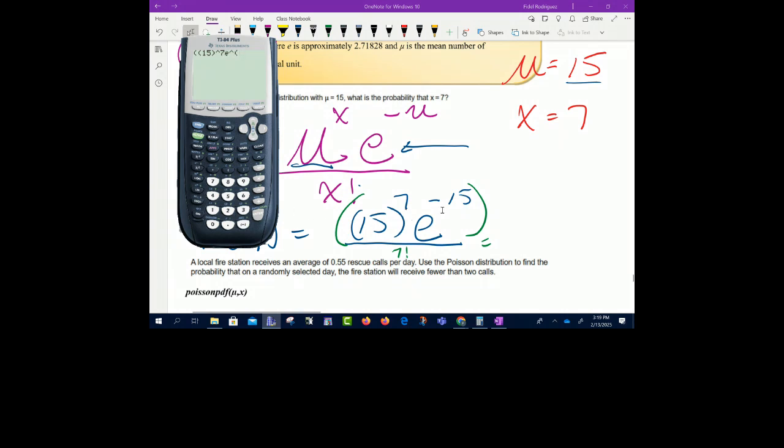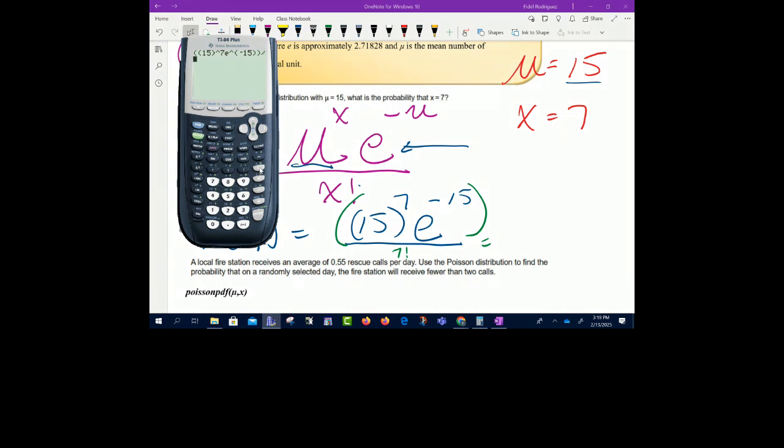Now, it actually opened up parentheses for me, okay? Y'all, and by the way, if your calculator didn't open up parentheses for you, go ahead and open up some. Now, we want to do a negative 15. Y'all, I don't want to hit the minus sign. I want to hit the negative. My negative button, y'all, is down here. Negative 15, okay? Now, I'm going to close those parentheses, and that's just closing the parentheses on my power. I'm going to go ahead and close my parentheses at the end again.